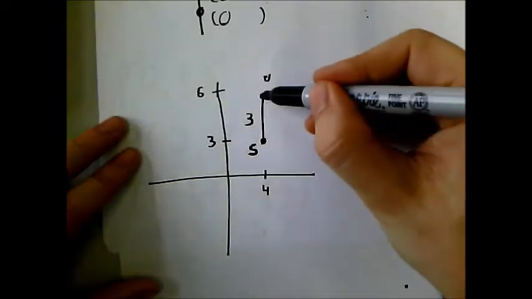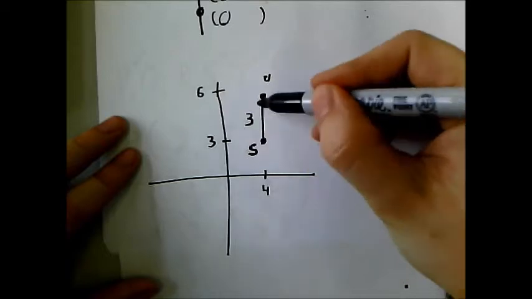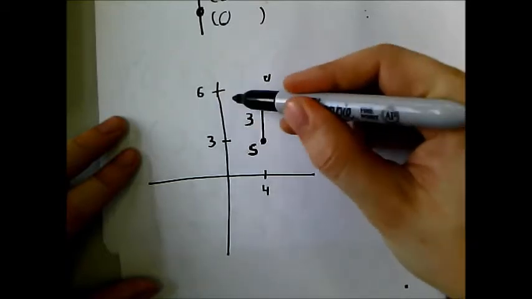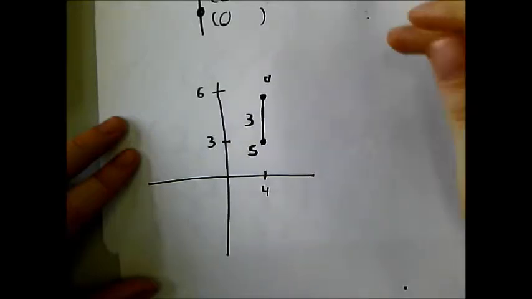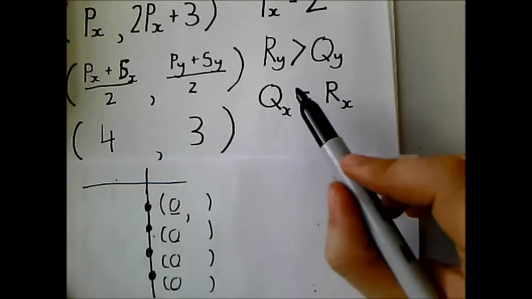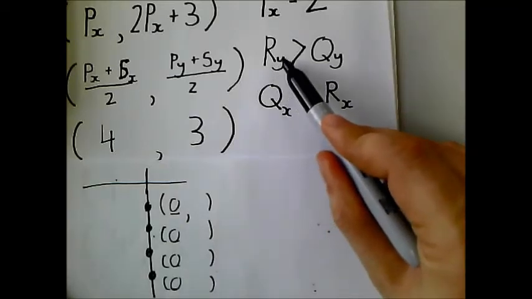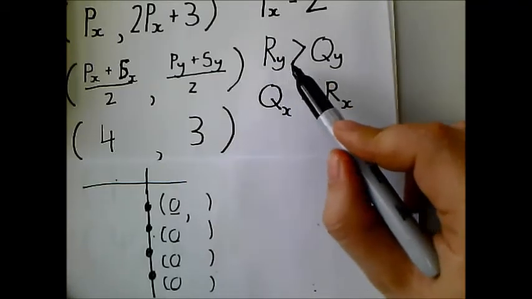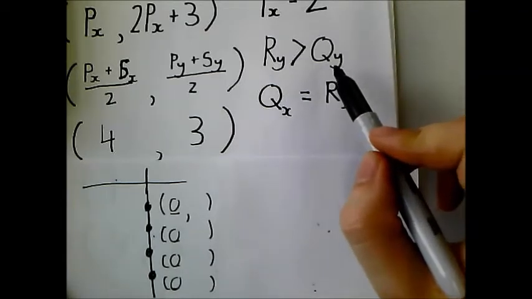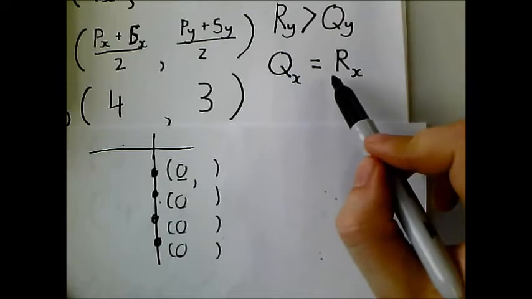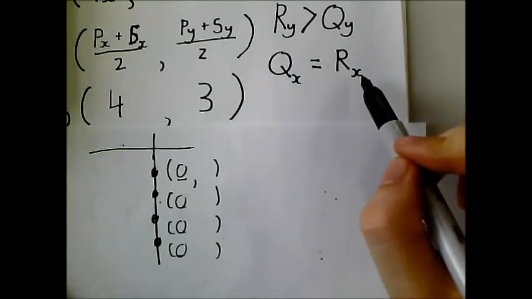But I don't know whether to draw the square this way to the left or this way to the right. So this is where I need to look back at my clues, and I can see that the R coordinate needs to be bigger than the Q coordinate, and that Qx is equal to Rx.